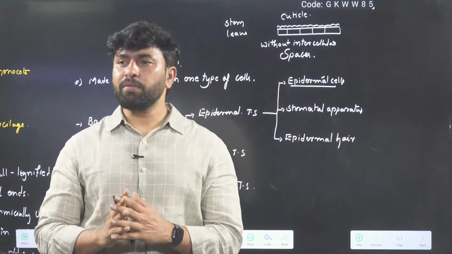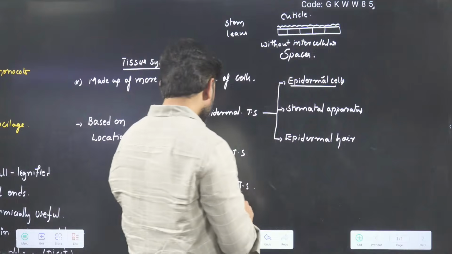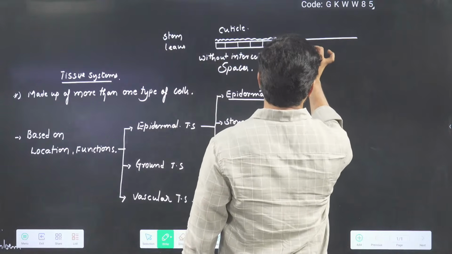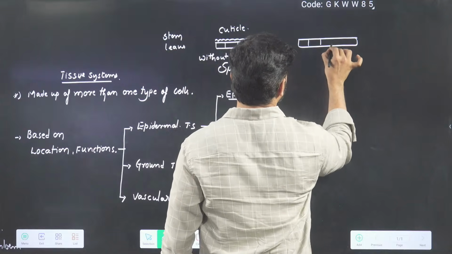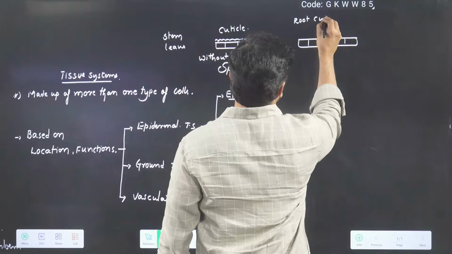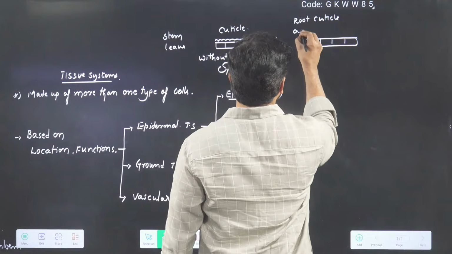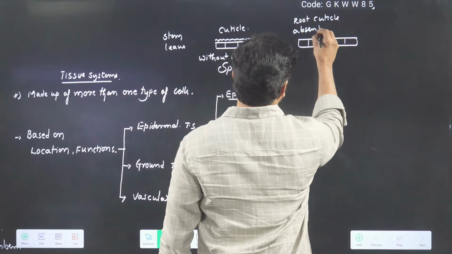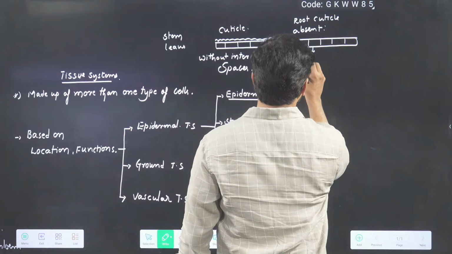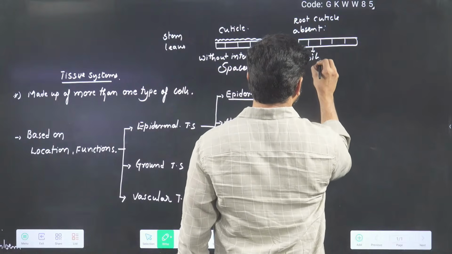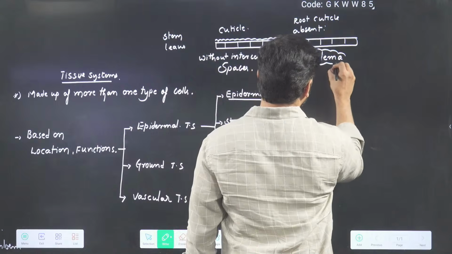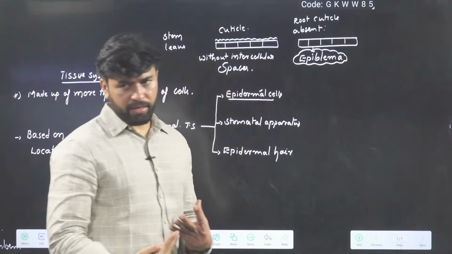But if you talk about root epidermis, cuticle is absent. That's why the root epidermis has a special name called epiblema. Blema means covering.